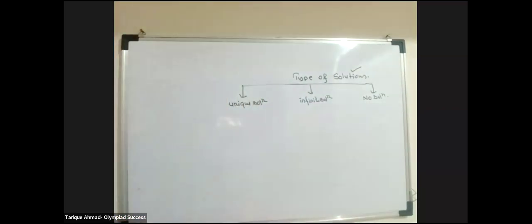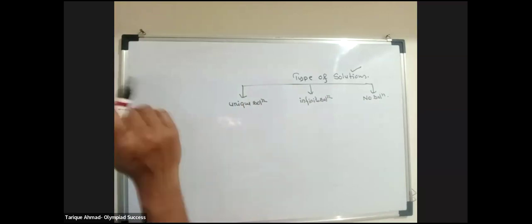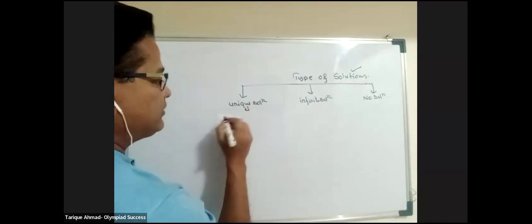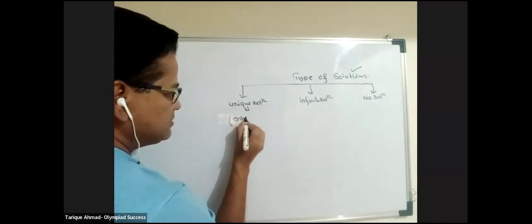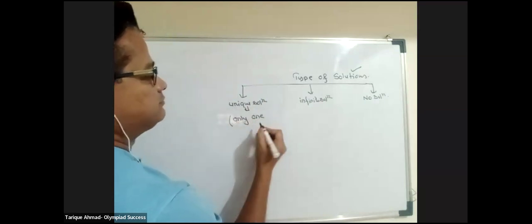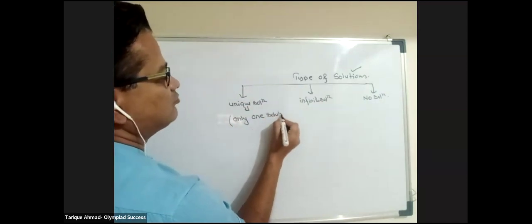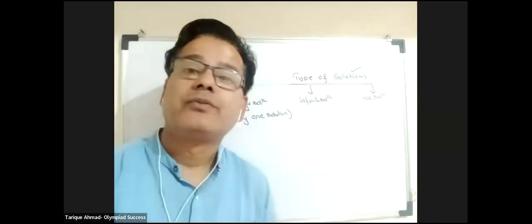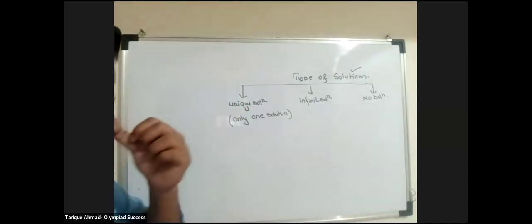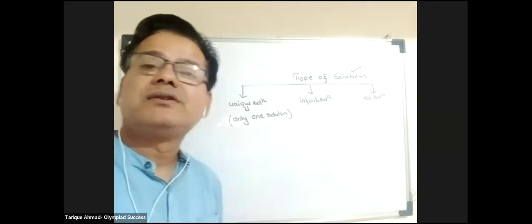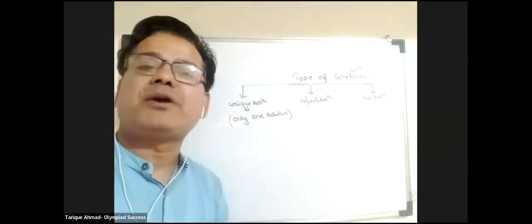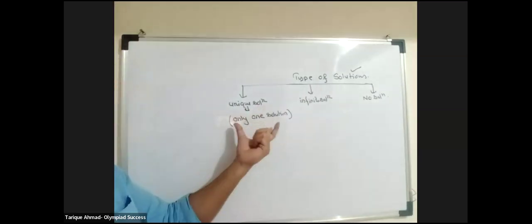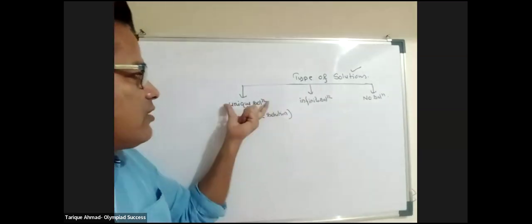Unique, infinite, no. Now, what is the meaning of unique solution? The meaning of unique solution is only one solution, right? Only one pair of solution we will get because there are two variables, so for each variable we will get one particular value. When we are getting only one pair of solution, we call it unique solution.